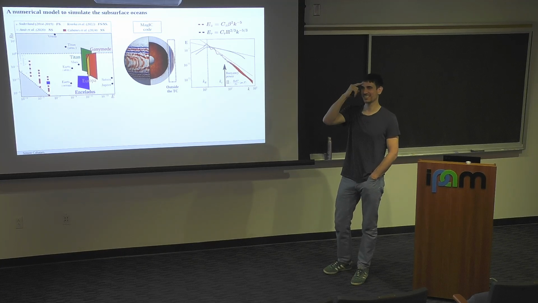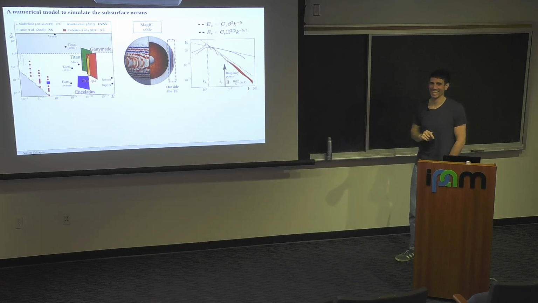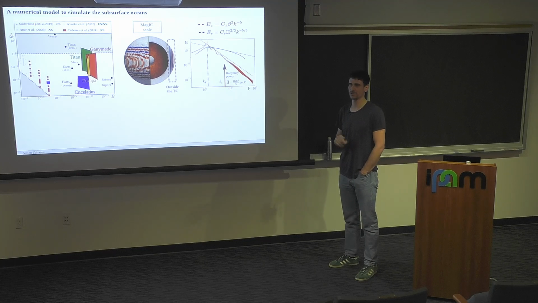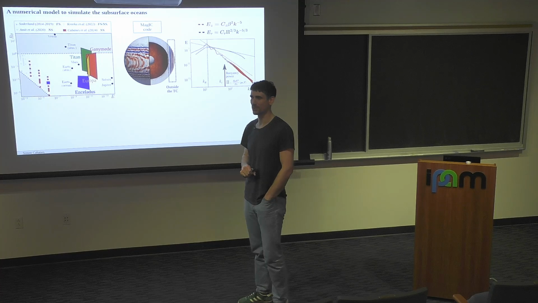Was there another question? What is the Prandtl number? 1. We didn't sweep in the Prandtl number. 7? Why not 7? I'm not an expert on the Prandtl number, but it's more costly, no, to go to Prandtl 7? Why 7?